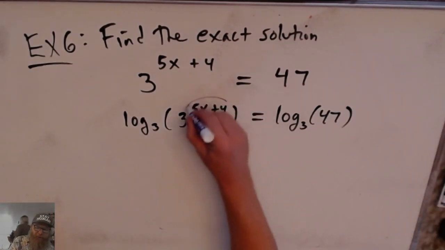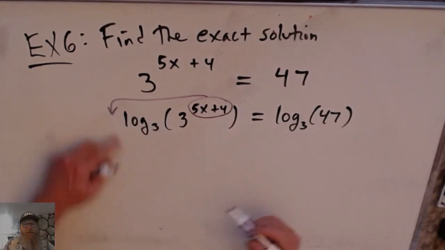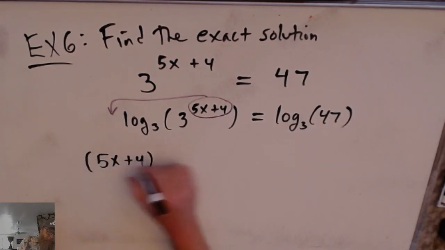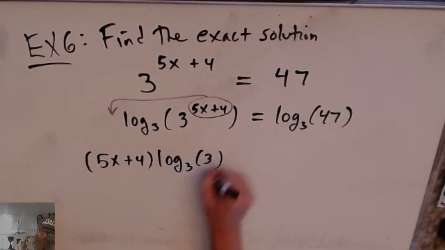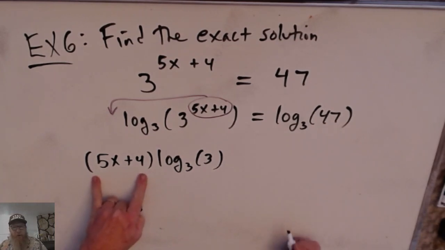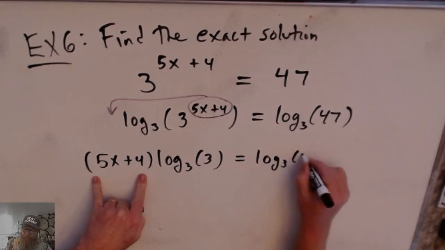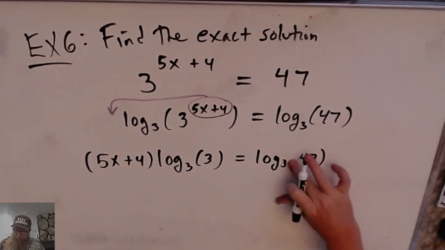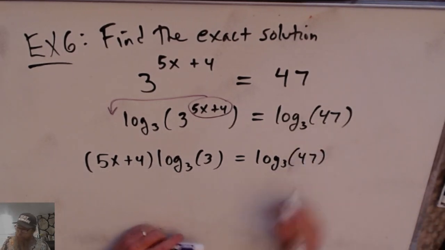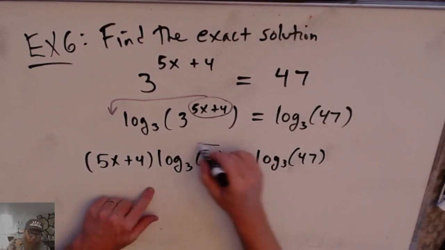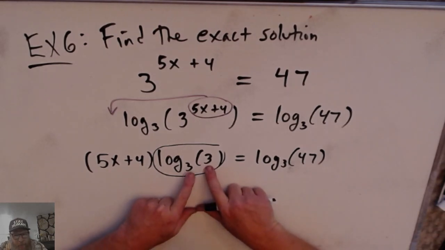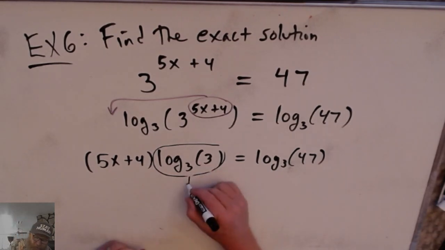The exponent, 5x plus 4, can come down to the front. Okay. Use parentheses because we have more than one term here. And then whenever you have a log with a base and a matching argument, the base and the argument are the same, that's always going to be 1.